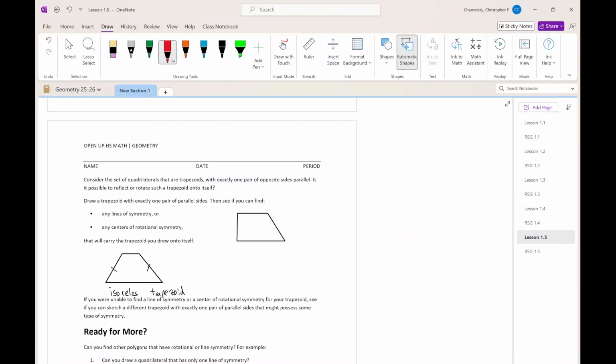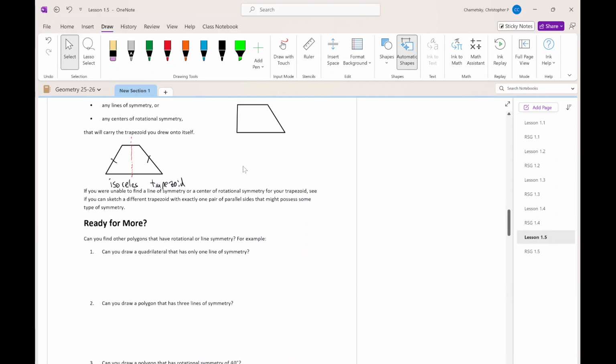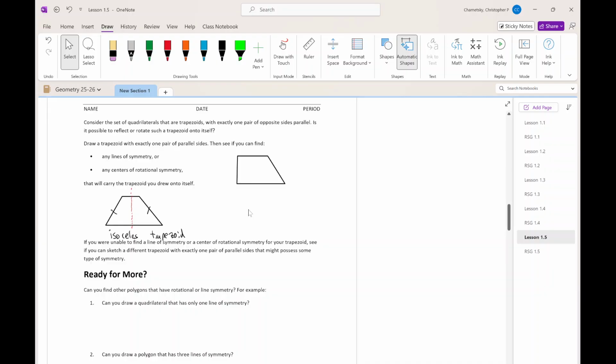So one vertical for the isosceles. No rotational symmetry.